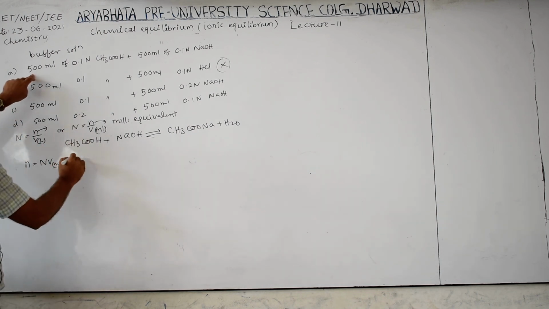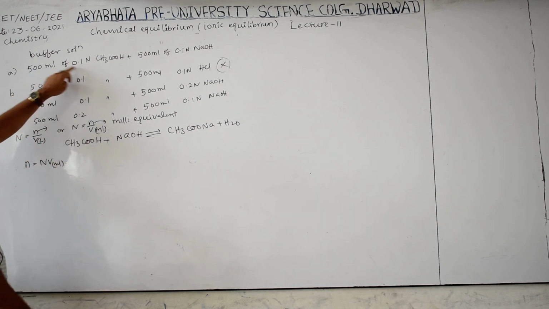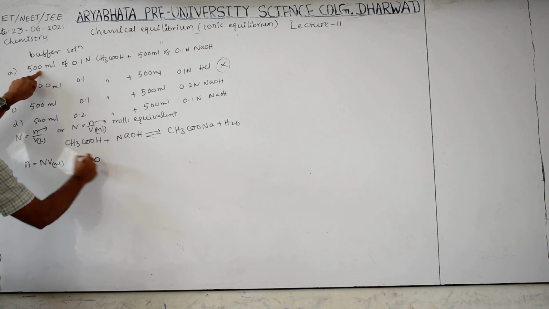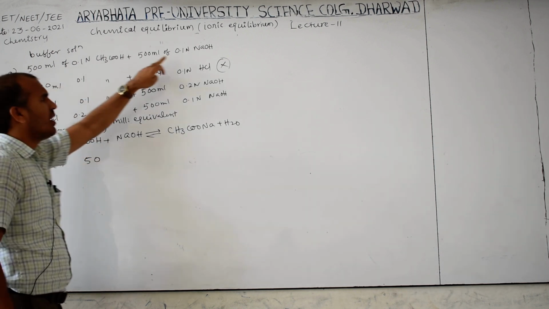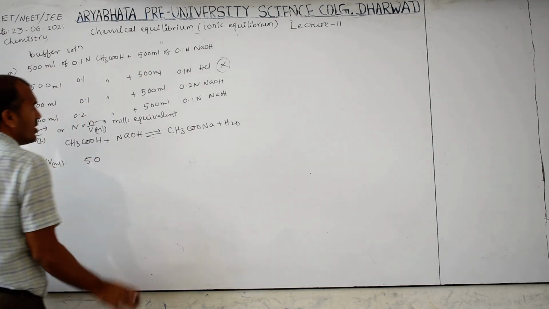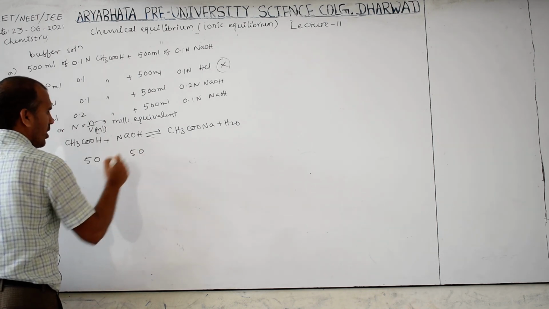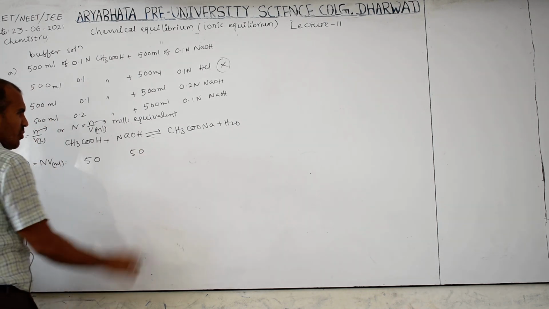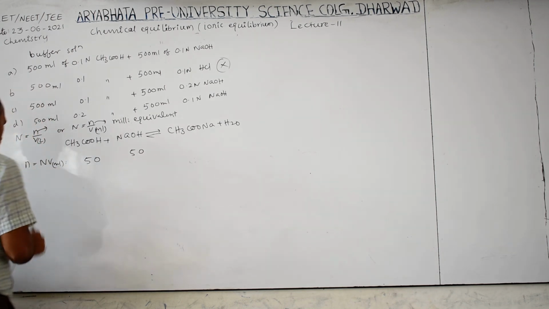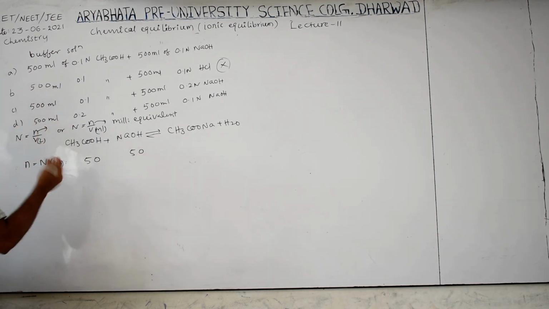Now, 500 into 0.1 is 50. If both are limiting reagents and only solid forms, then this is not the answer. First case done. Second case, B, we already know it is not.